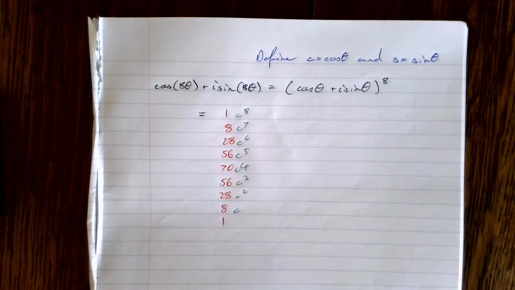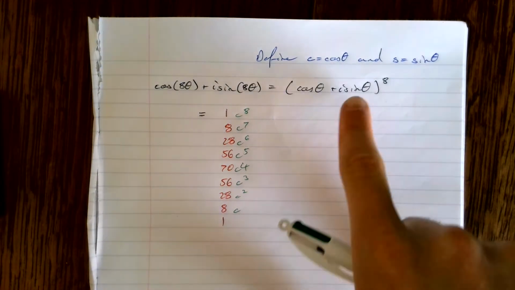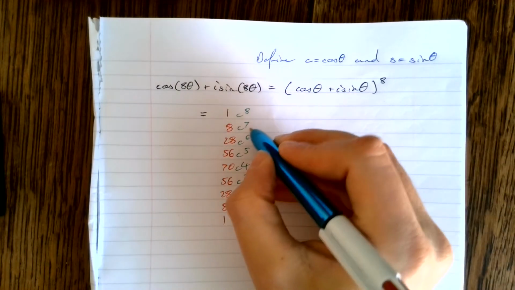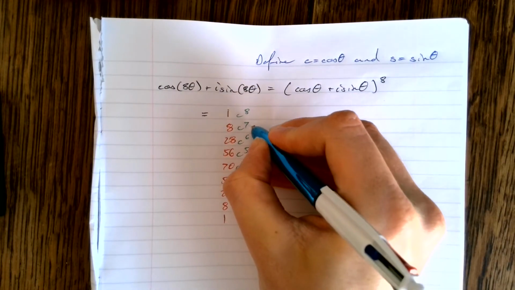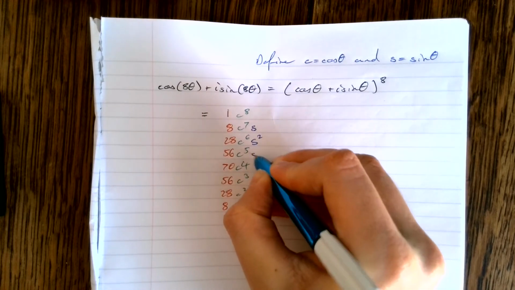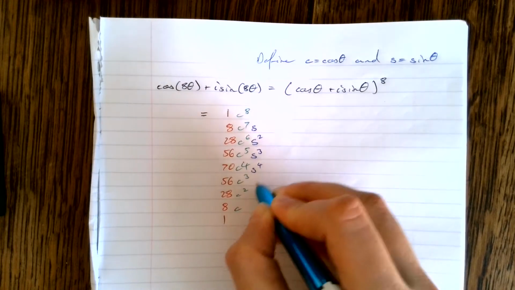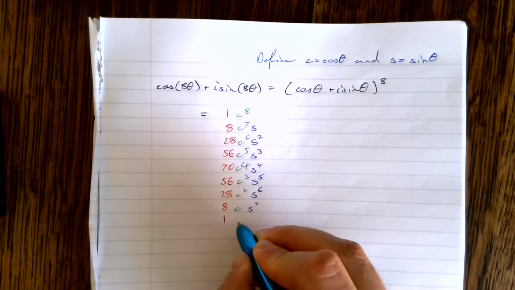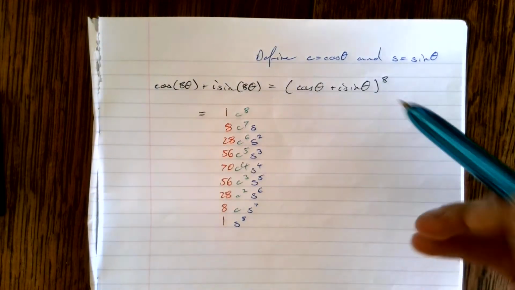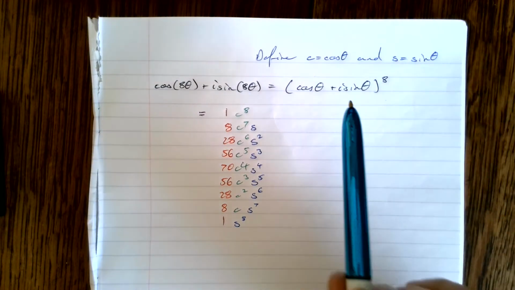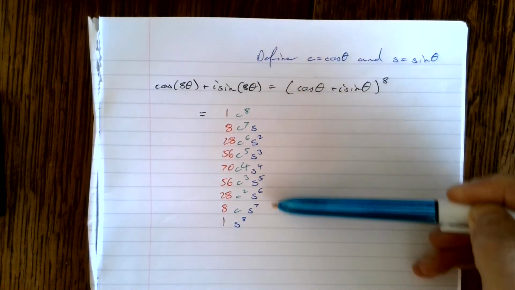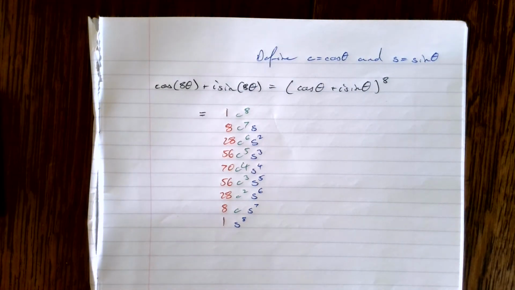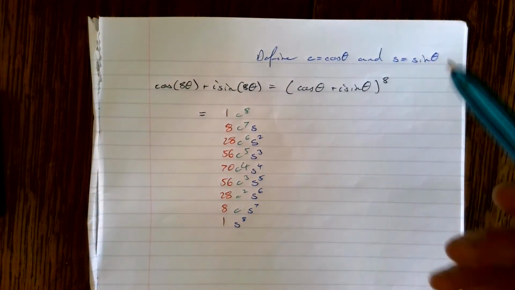Then I'm going to do the sine bits, I think separately to the i. Okay, so this one's going to have sine, sine squared, sine cubed, sine to the 4, sine to the 5, sine to the 6, sine to the 7, sine to the 8. Now, the i's have the same power as the sines going through this, but I'm going to simplify the i's as I go.